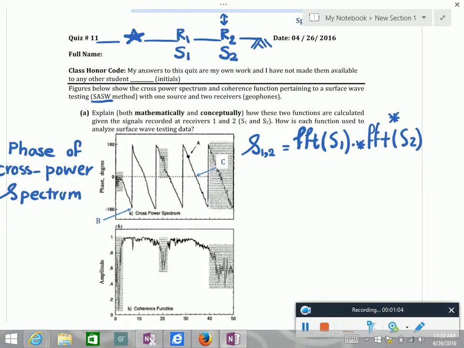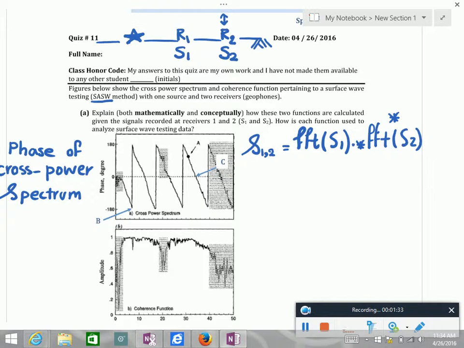If you calculate the cross-correlation in frequency domain, you multiply the FFT of one by the conjugate of the FFT of the other one. And the result is a complex vector. Last time I called it S_R1R2, following Sohail's paper. It is a function of frequency and it's a complex valued function.